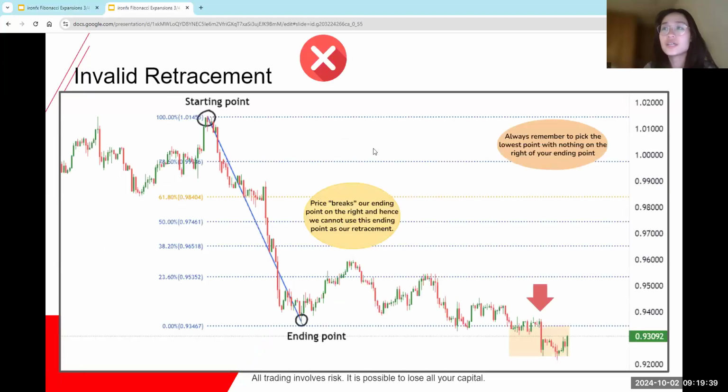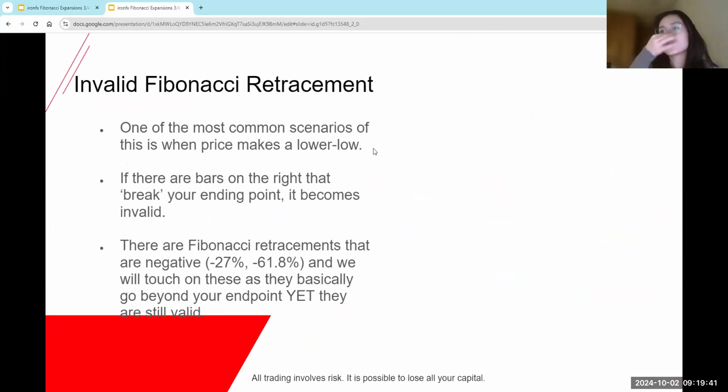So here is, yeah, an invalid retracement occurs when price makes a lower low. And if there are bars on the right that break your invalid point or your ending point, then it becomes invalid. So there are Fibonacci retracements that are negative, which we are talking about now, and we will go through these more in depth.